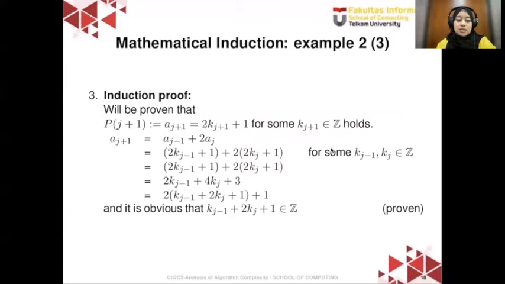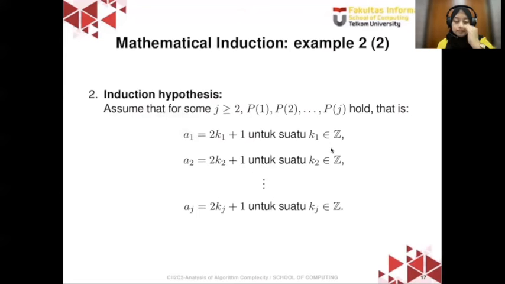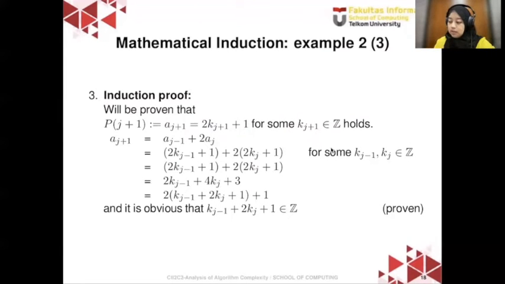And next, the induction proof. As before, we want to prove that P_{j+1} holds for the same j we have here. So here we want to prove that a_{j+1} is equal to what we have here.